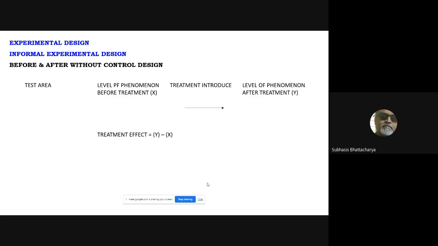First we start with the informal experimental designs. The first one is the before and after without control design. In such a design, a single test group or area is selected first. So you have to select a particular test group or area.